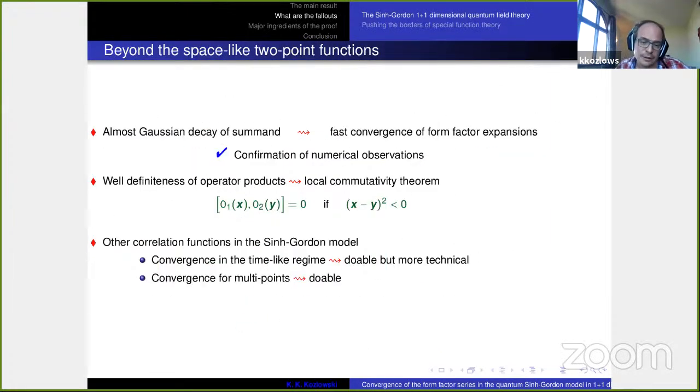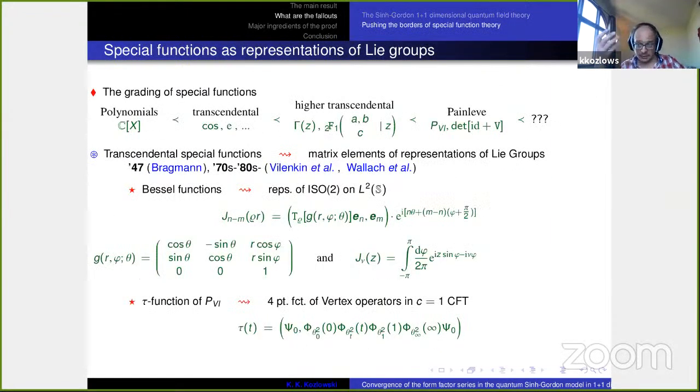Okay, so before giving you the flavor of what one needs to provide the estimate for the growth of this u_n, I want to point in one direction where this analysis can go, namely towards pushing further the theory of special functions.